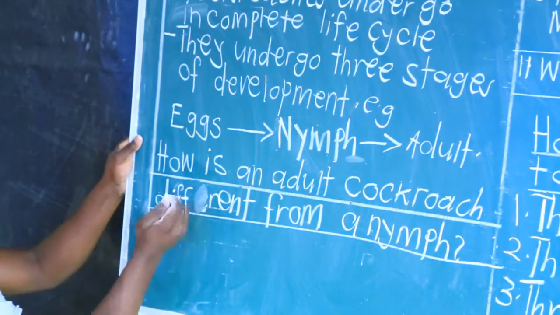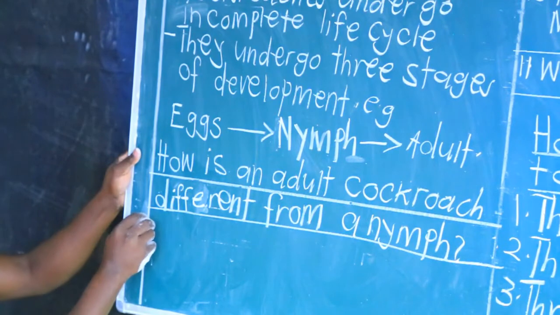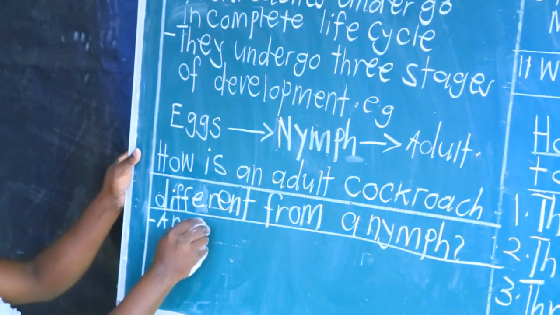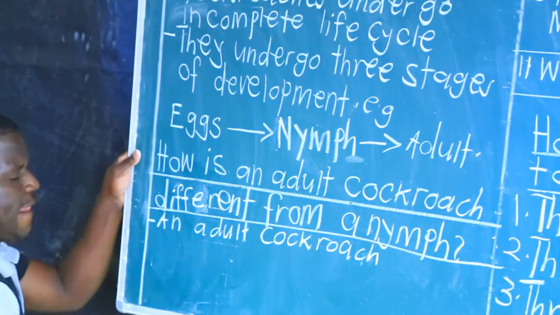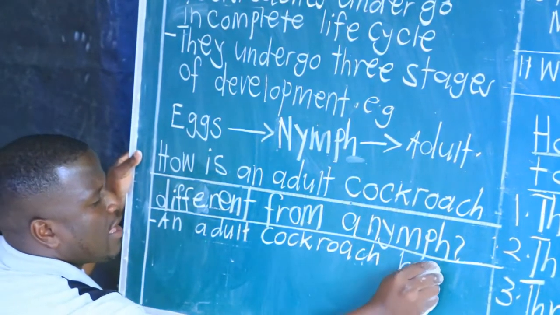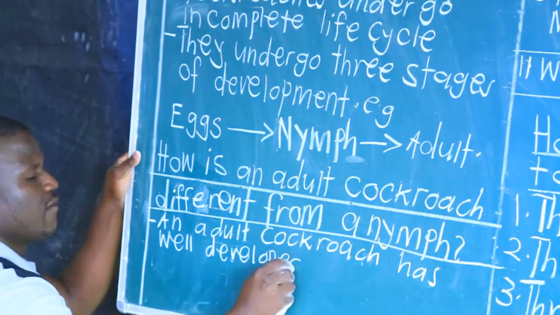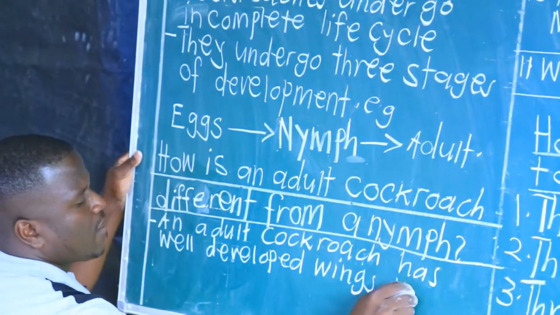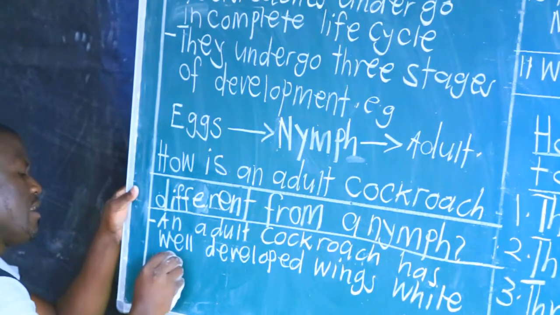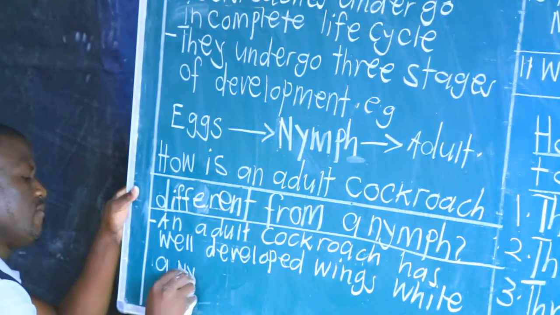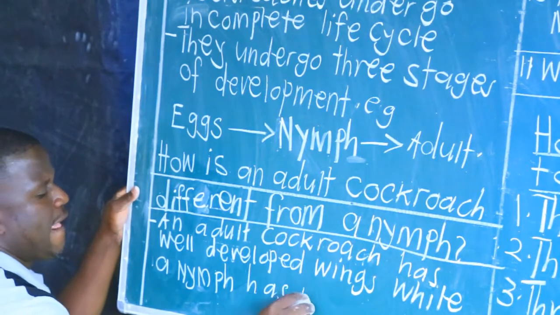An adult cockroach has well-developed wings, while a nymph has underdeveloped wings.